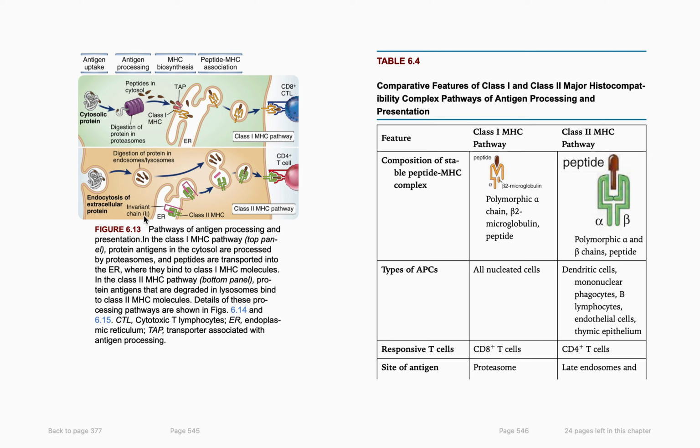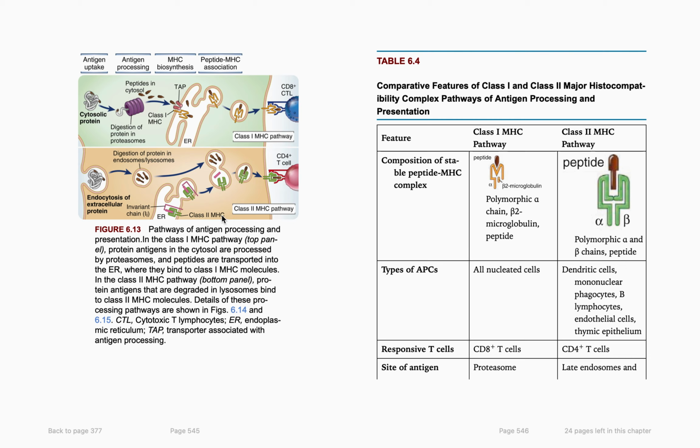Then the invariant chain in the endoplasmic reticulum is released. When it is released, this invariant chain is combined with part of the endoplasmic reticulum. Then it combines with the broken down proteins. Then they fuse together. After fusing, they are presented outside to CD4 T cells.